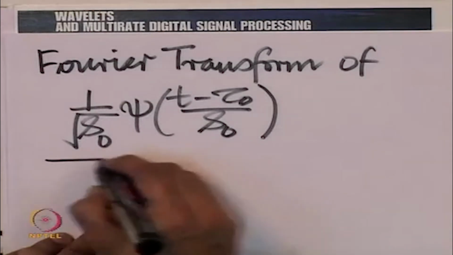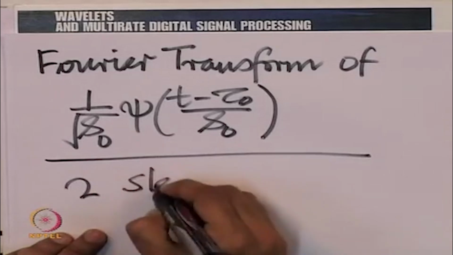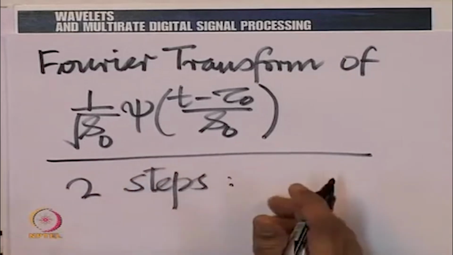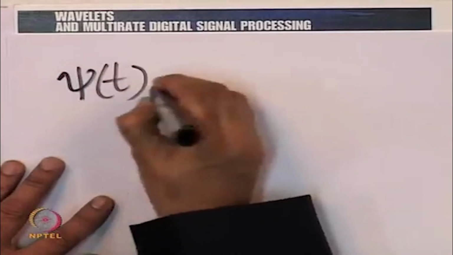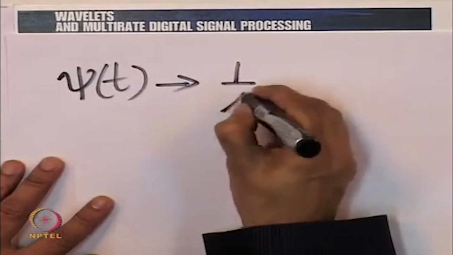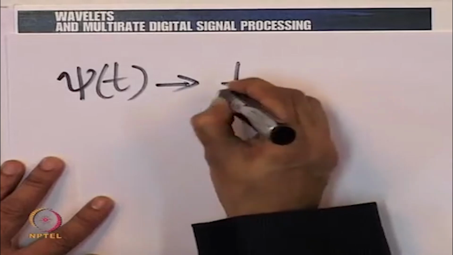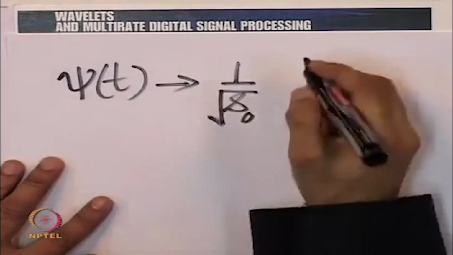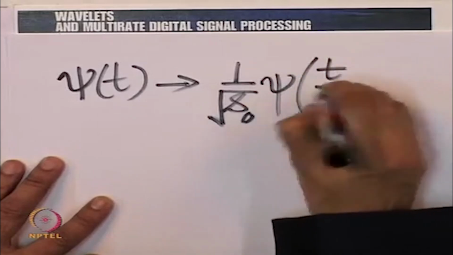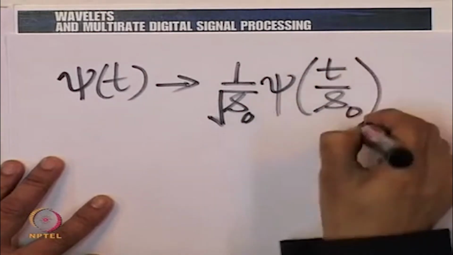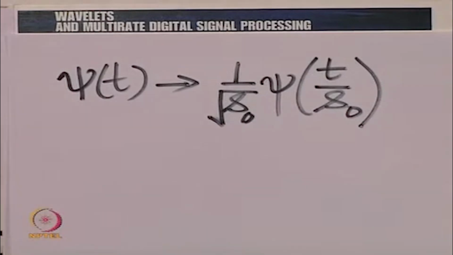We will first go from psi t to 1 by square root S naught psi of t by S naught, and we will make use of the property of the Fourier transform pertaining to scaling the independent variable.